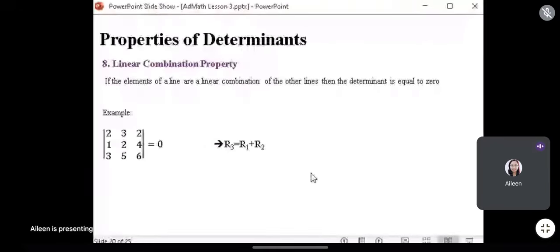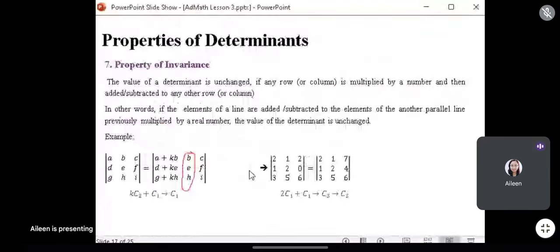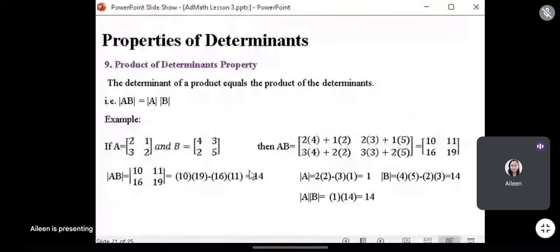Tsaka itong property of invariance and then the sum property. Yan, kasi hindi siya agad makikita by simply observing. Kumbaga, iisipin nyo muna siya, i-analyze nyo yung determinants.